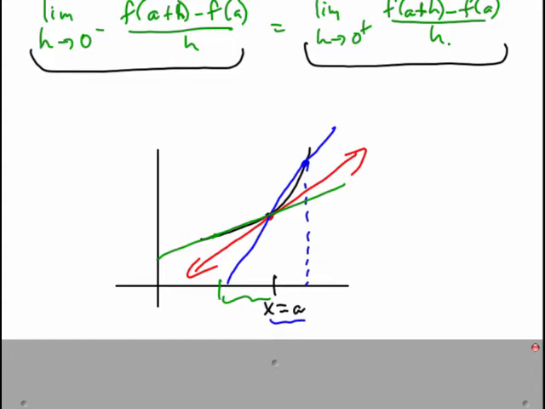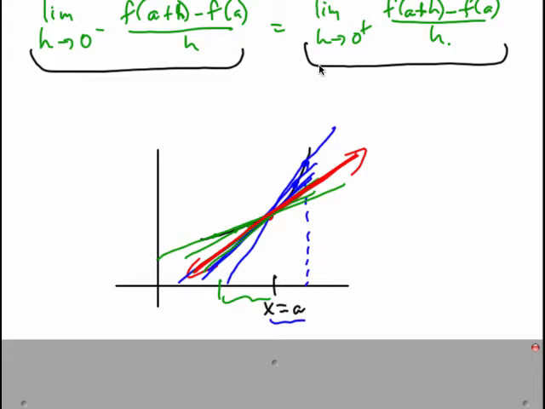So if I come in from the right, my secant line must approach the red line. If I come in from the left, the point gets closer and closer, the secant line must approach the red line. They must all smooth out to be the same slope.